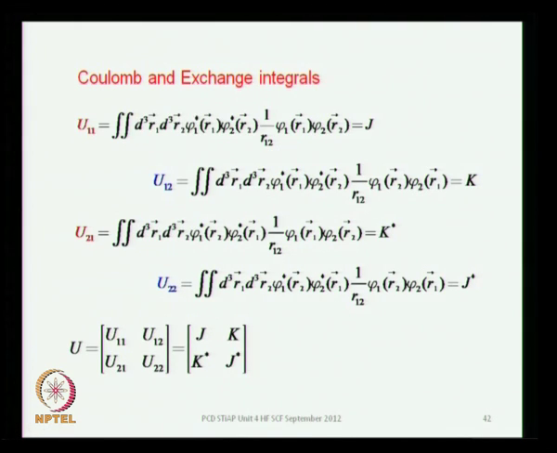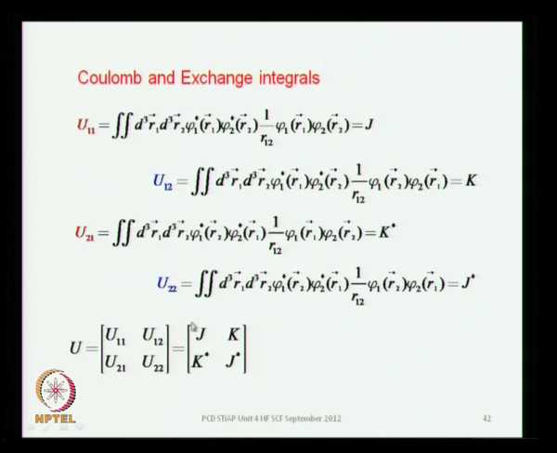K star, the complex conjugated, is the same thing as K, because integration is over dummy variables. R2 and R1 can be interchanged, those labels can be interchanged, there is nothing big about it. Whether you carry out integration over R1 or R2, it is the same. So, essentially you have got this matrix form of the Coulomb and exchange integrals, which is J, K, K star, J star, which is the same thing as J, K, K and J, because K star is equal to K, J star is equal to J, both are real. Okay.